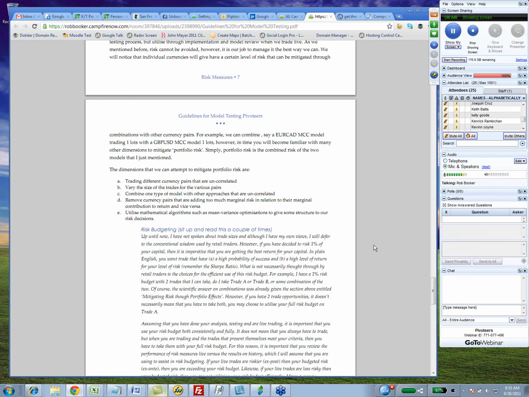She gets her risk models in place, and she looks at the overall structure of it, and she says, you know what, I don't think I really needed to include the Aussie dollar because it's not adding anything to my model. I'm trading different currency pairs, so if I take 2 trades at the same time, it's not likely to be essentially the same trade. And I think I'm ready to go here. That's what portfolio risk or judging portfolio risk is all about.